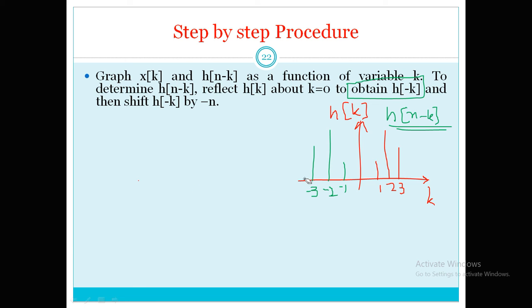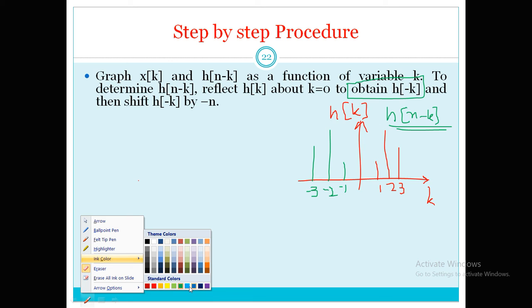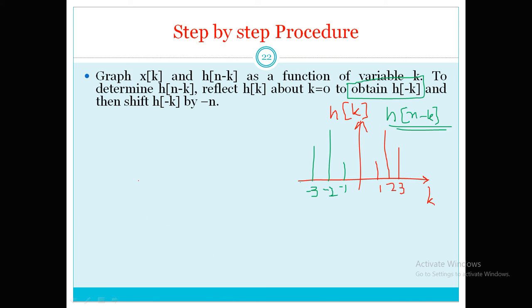So what will happen? Now I would like to draw this in blue color line. The final result is in blue color line. So it may be somewhere here, and this value is 2, this value is 3, and this value may be 1. And I need to shift up to minus n.